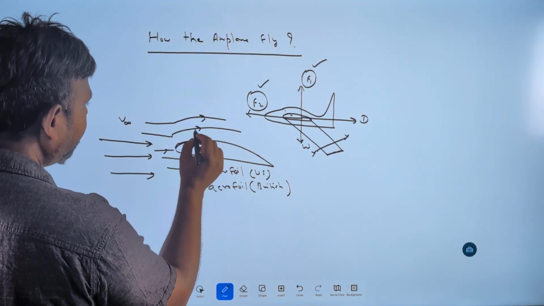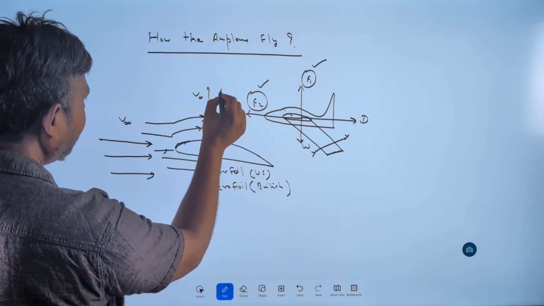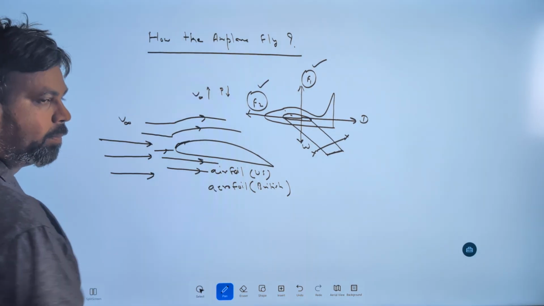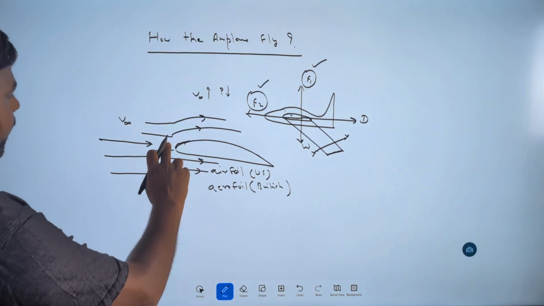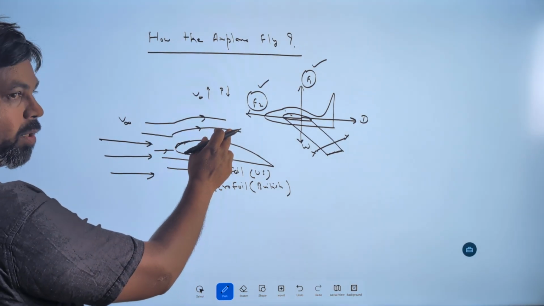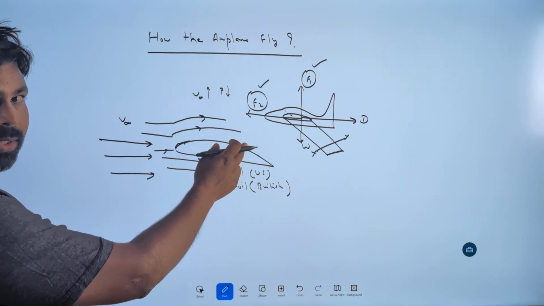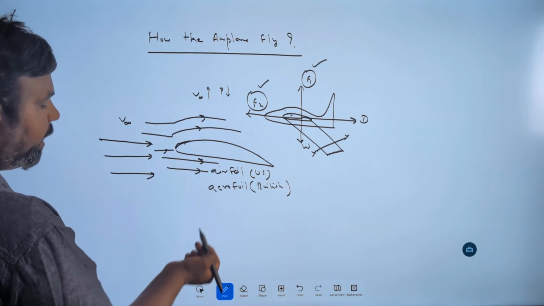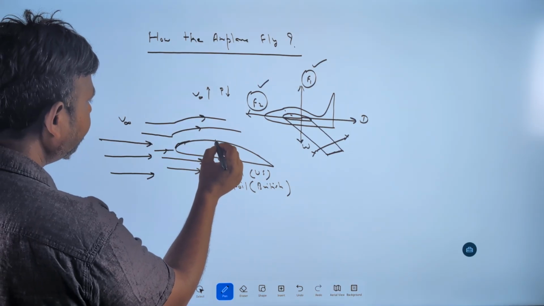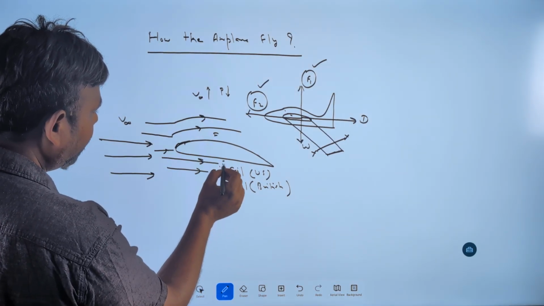Bernoulli says whenever the velocity is increasing, then the static pressure will decrease. So our main work is to accelerate the velocity of the flow, by which we can increase the velocity and decrease the pressure. So what eventually happens here, the pressure will decrease compared to the lower surface.